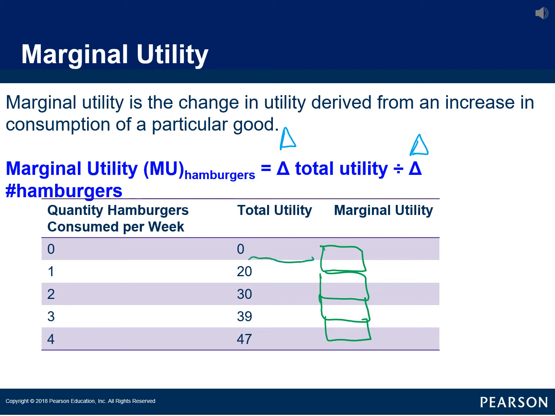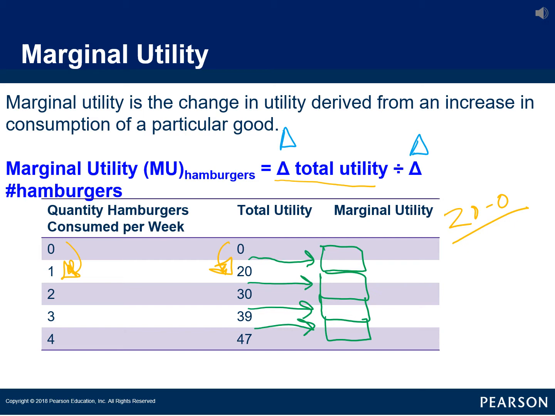So we're actually figuring out the in-between numbers here, just to make that clear. For the increased satisfaction that we get from going from 0 hamburgers to 1 hamburger, our change in total utility is 20, because we have 20 minus 0, divided by our change in the number of hamburgers.